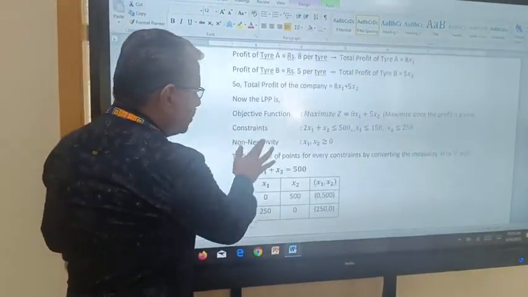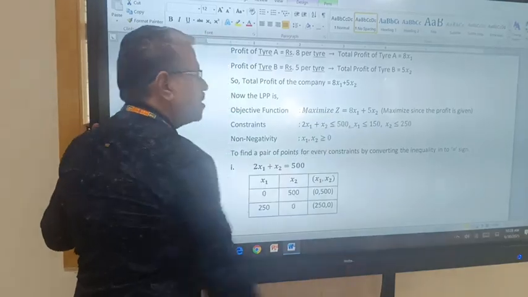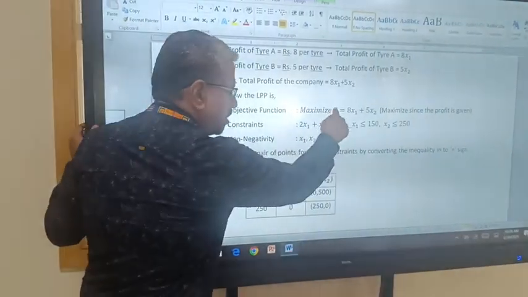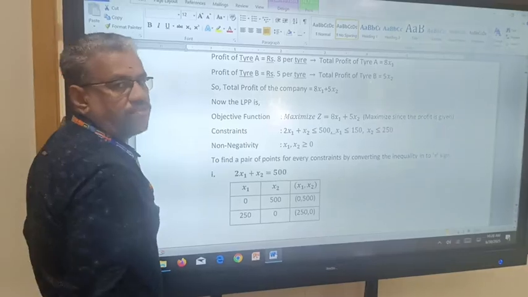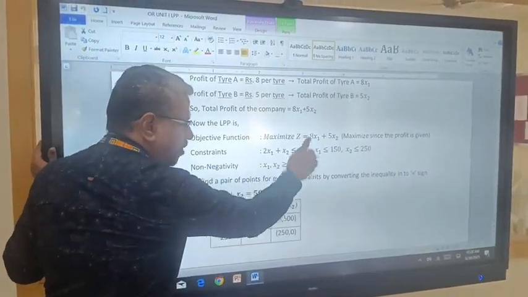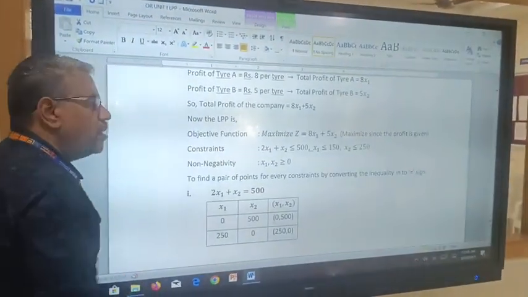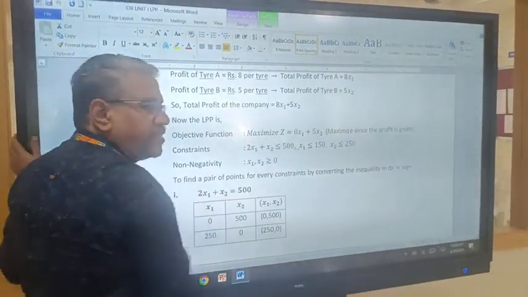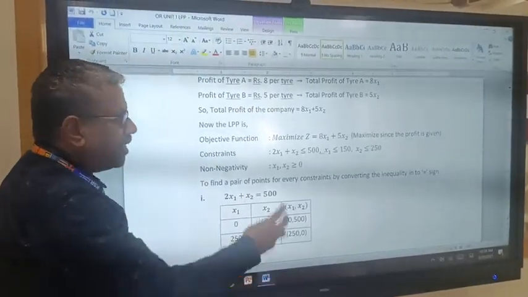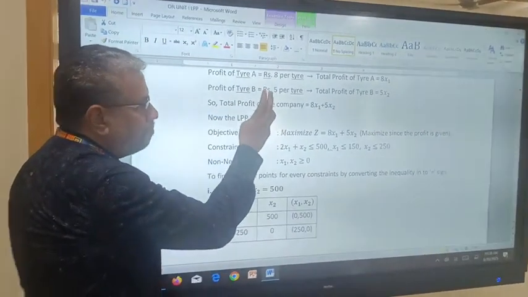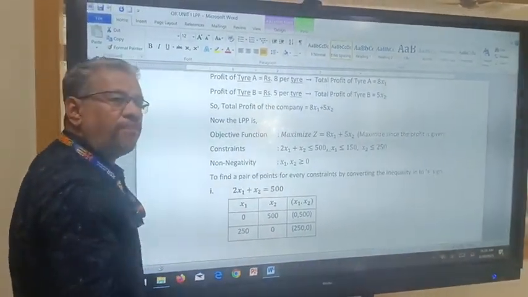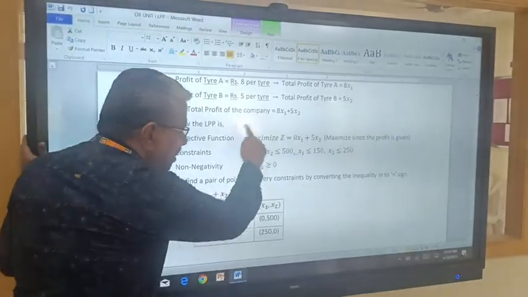Now the LPP is: objective function, maximize z, where z is the objective function. Why are we putting maximize? Because we are going to maximize the profit. The z is profit, therefore we are going to maximize it. If z is expenses, suppose the cost of producing tire A is 8 rupees, then we will have to minimize it.